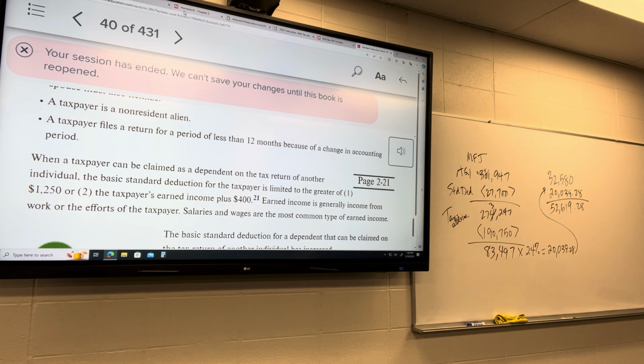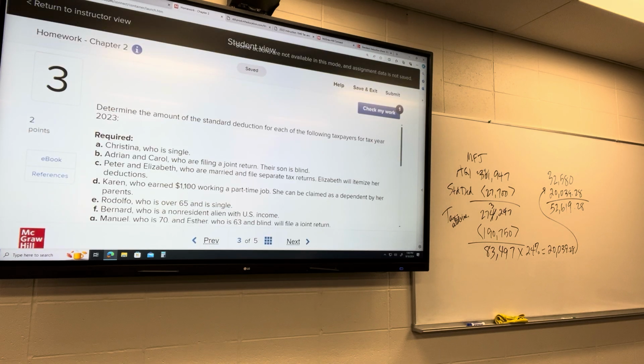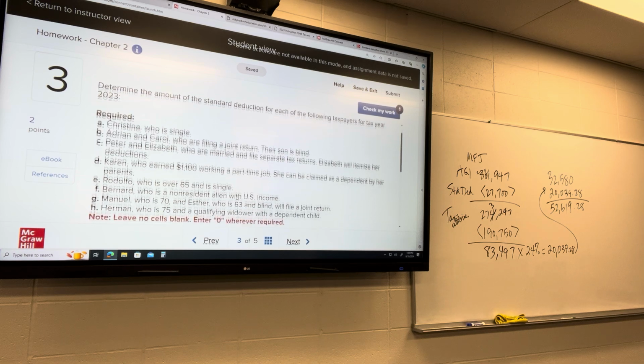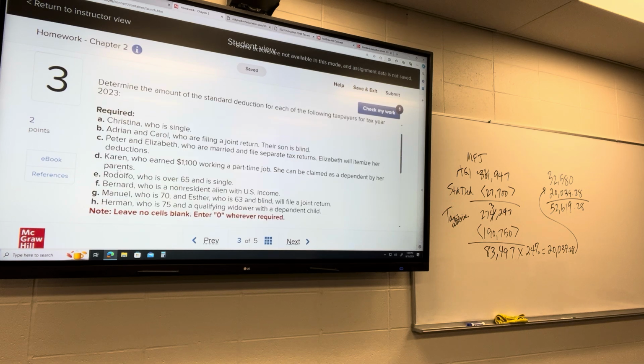So in this case, 1,100 plus 400 is 1,500. That's greater than 1,250. So her standard deduction would be the 1,500.